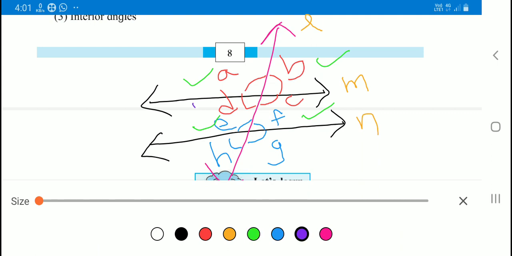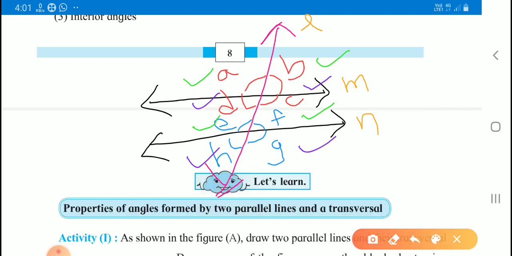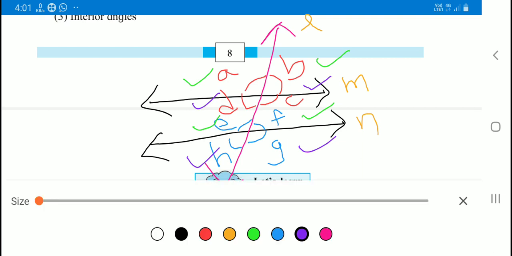See here, D, H, then C, G. These are the 4 pairs of corresponding angles. Now we will see the pairs of interior angles by pink color. Angle D and angle E, angle C and angle F. These are the interior angles.